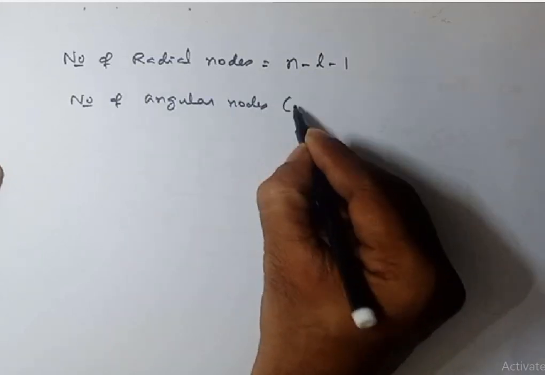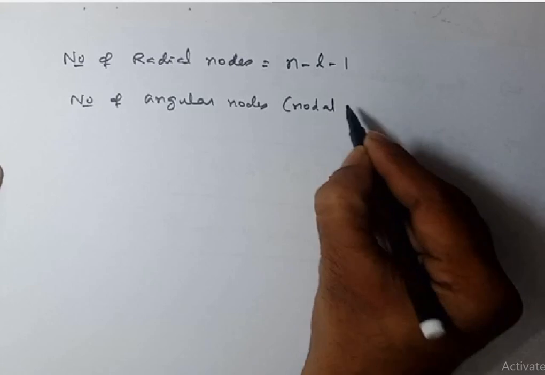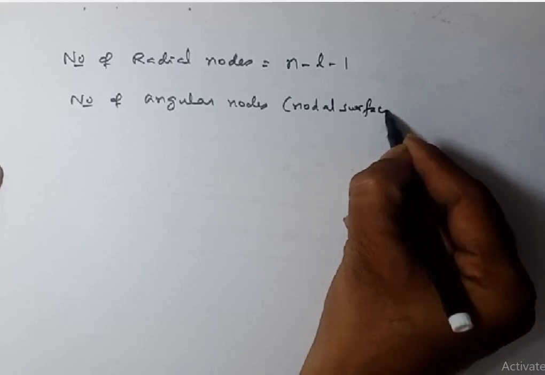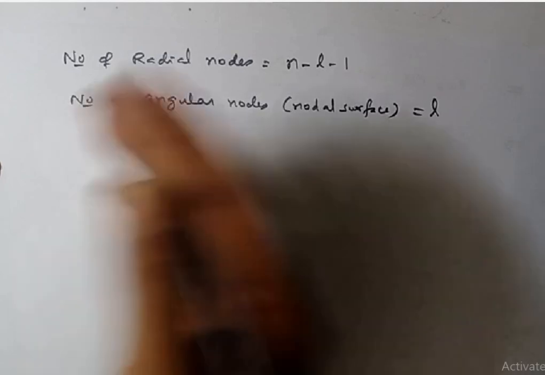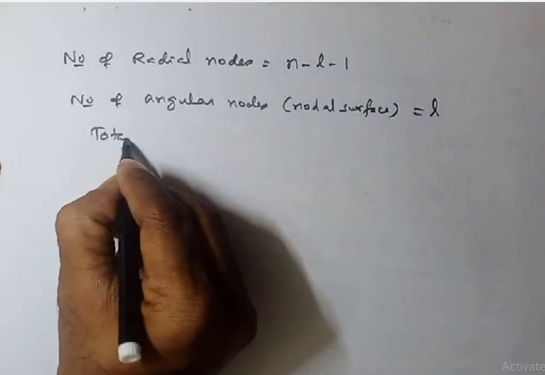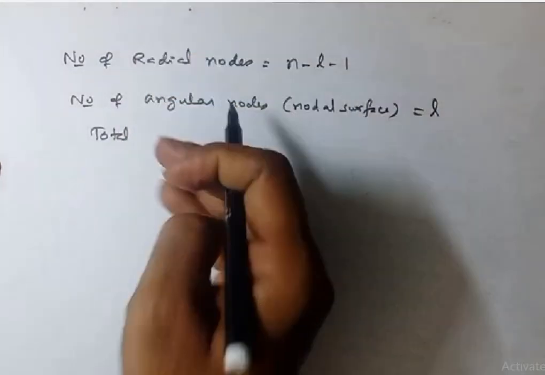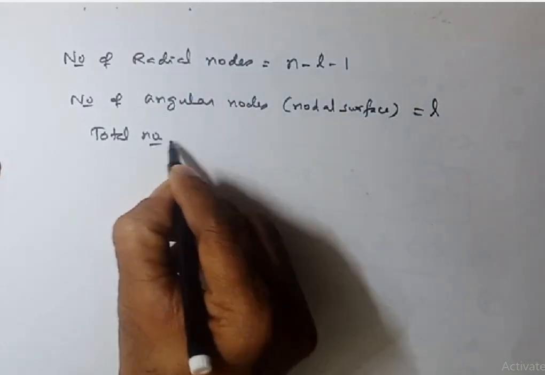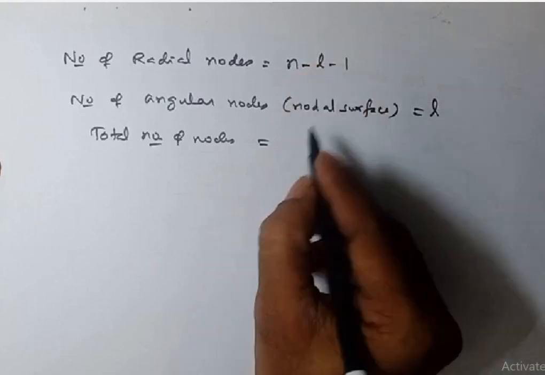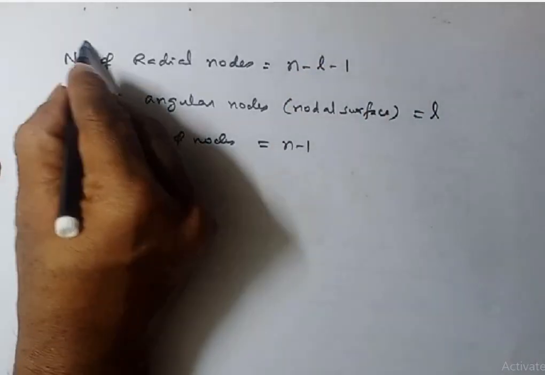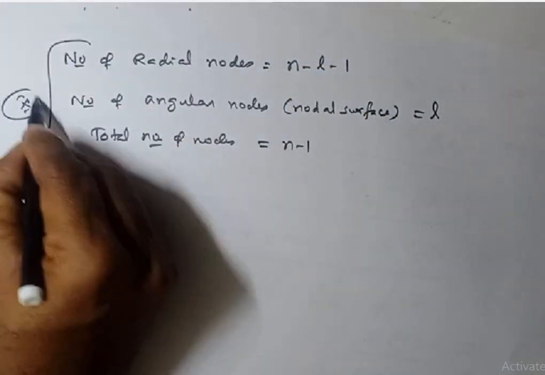Angular nodes means nodal surfaces. The formula is L. Total number of nodes in an orbital: total means the sum of radial plus angular. If you sum these two, I get the formula n minus 1. Take this, very, very important.